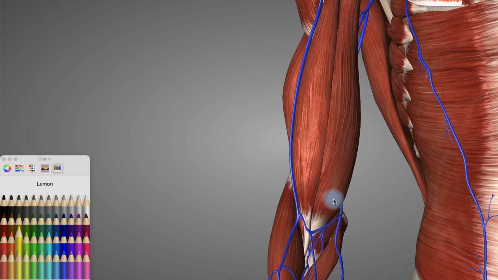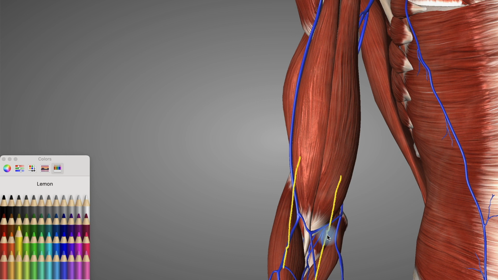In the roof, we also have two very important cutaneous nerves: one is the medial cutaneous antebrachial nerve, and one is the lateral cutaneous antebrachial nerve.